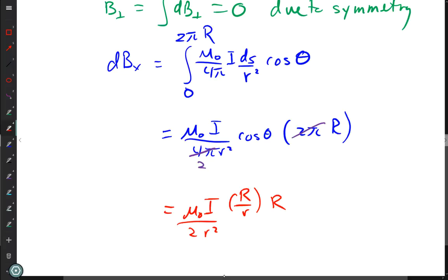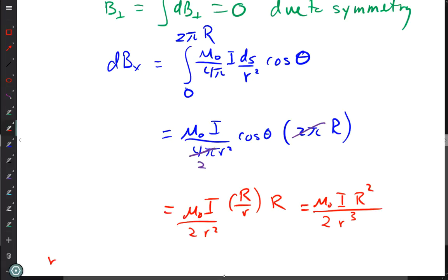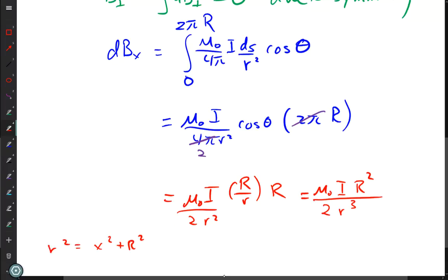Okay, so I replace everything I could, which simplifies to that. And now, of course, I need to get lowercase r in terms of x. And so how do I get lowercase r in terms of x? r squared is equal to x squared plus capital R squared.